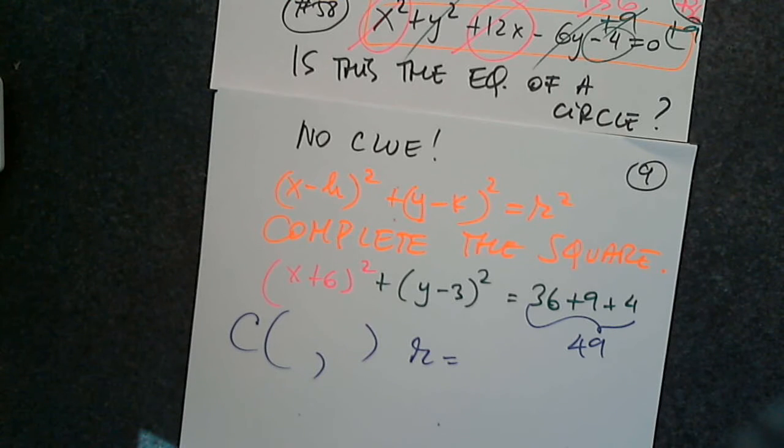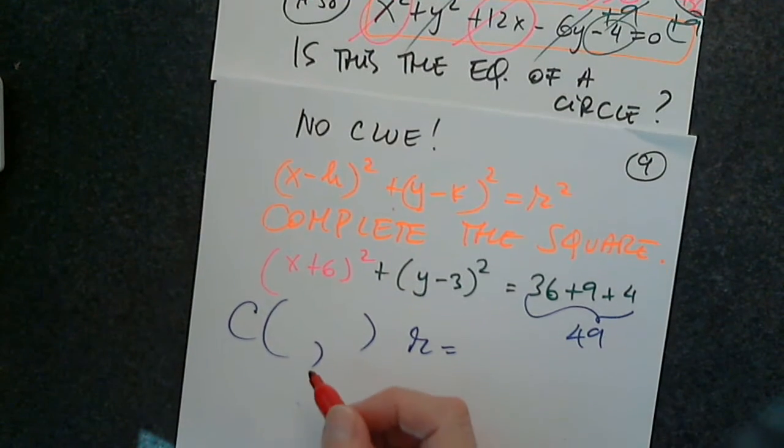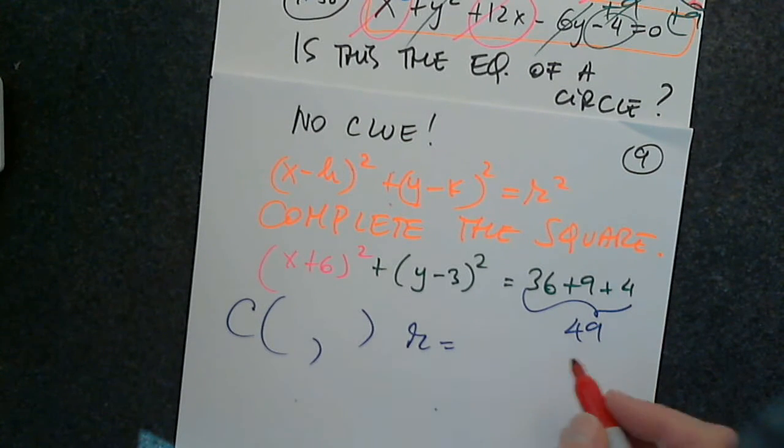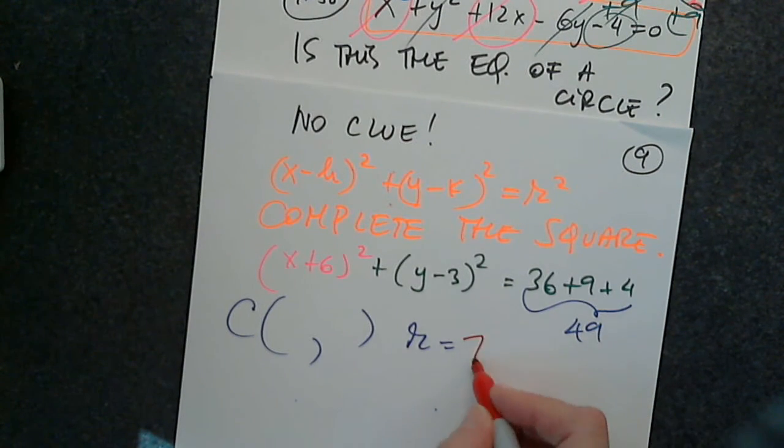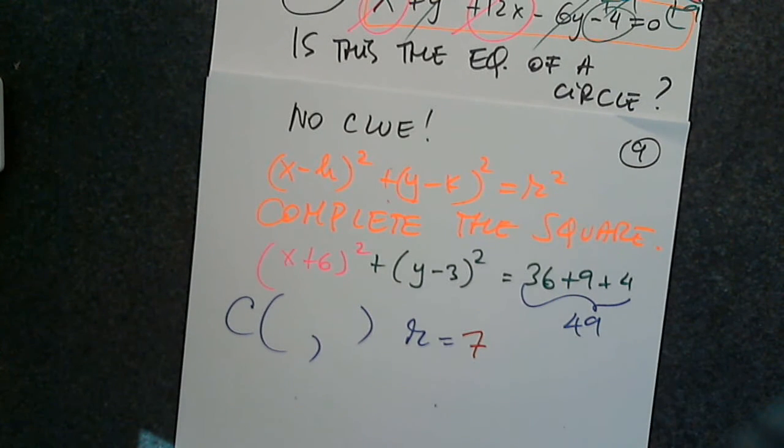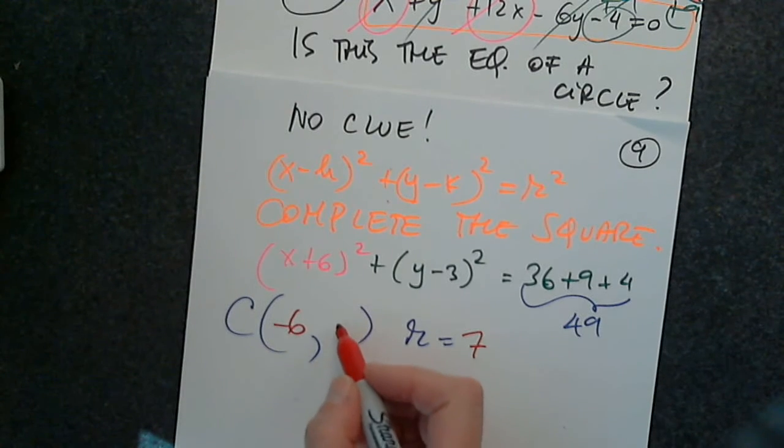The radius is? Yes, the square root. That's the r squared, remember? Good. And the coordinates of the center? Yes. Very good.